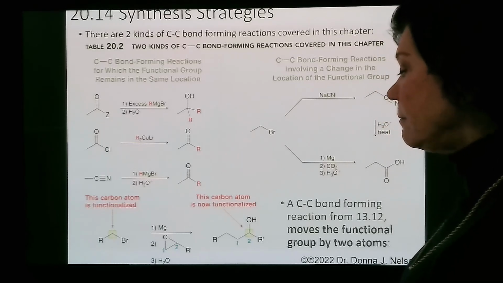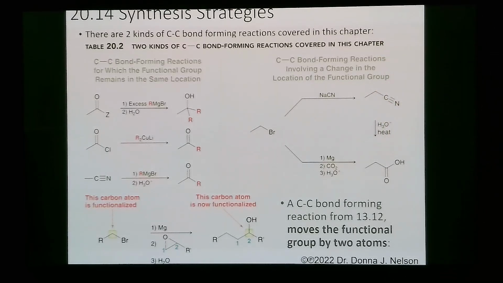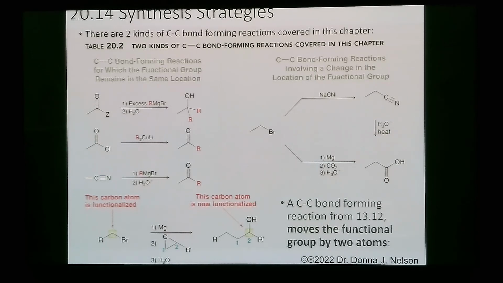So that shows you the 3 different types of synthesis strategies, the 3 different types of bond-forming reactions that you've had.